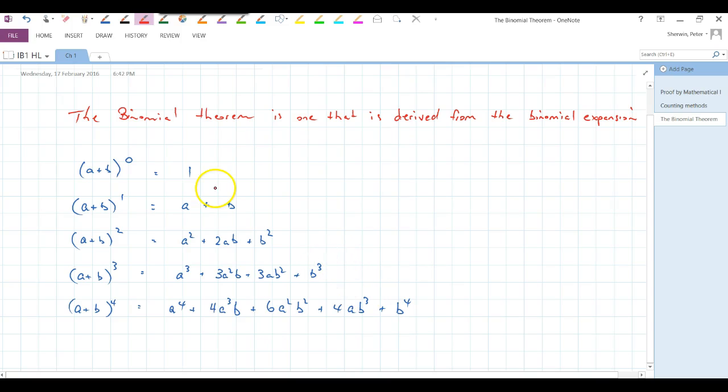So I'll go to a nice bright color here, and highlight the coefficients. So we've got ones here, we've got ones here. This is a 2, this is a 1, this is a 1, 3, 3, 1, this is a 1, 4, 6, 4, 1.